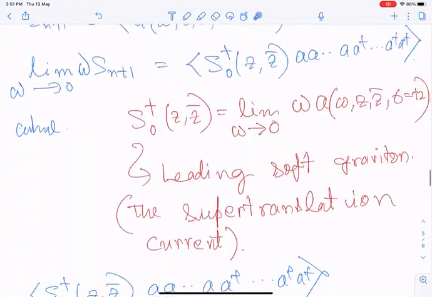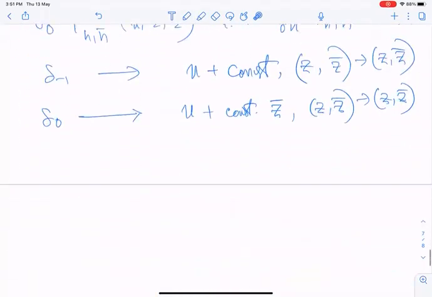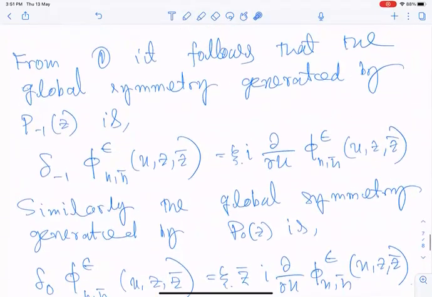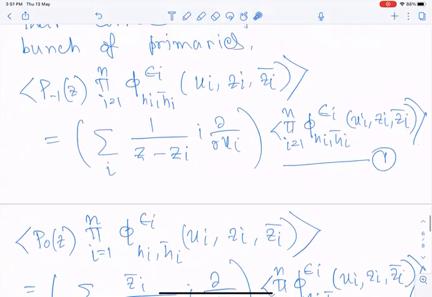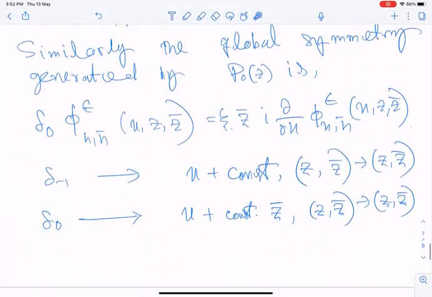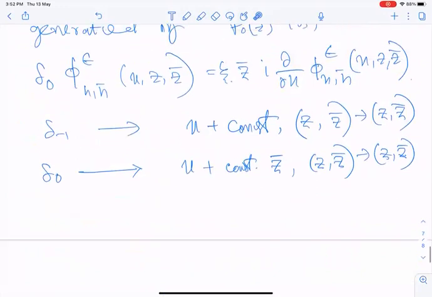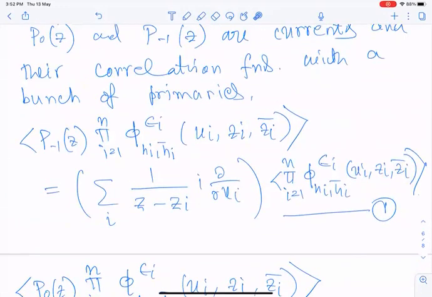Now you can see that this is exactly what we expect. But we also see that, in the same way as in 2 dimensions, you can define an infinite number of other transformations. Now what are those transformations? Suppose you look at this Ward identity, P_{-1}(z) times this, it has this form.